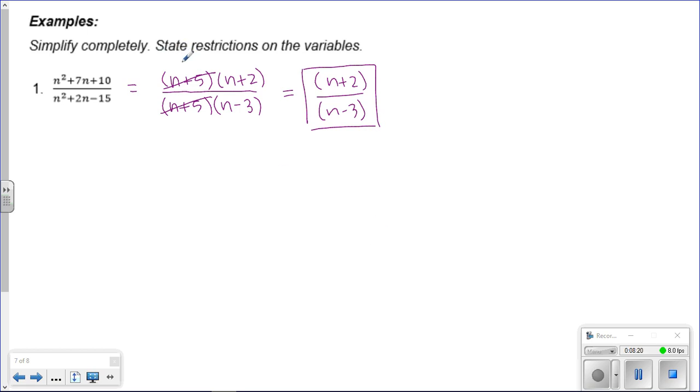The next thing it says is to state restrictions on your variables. So what can n not be? This is where we have to take the denominator, what we did a couple slides ago. So we've already factored this, so we don't need to factor it again. We just need to take everything and set it equal to 0 and then solve for n.